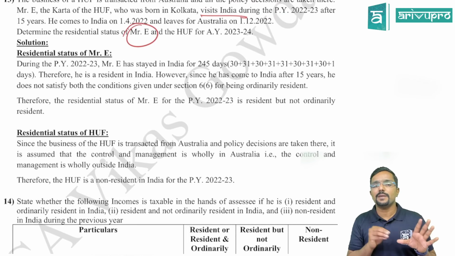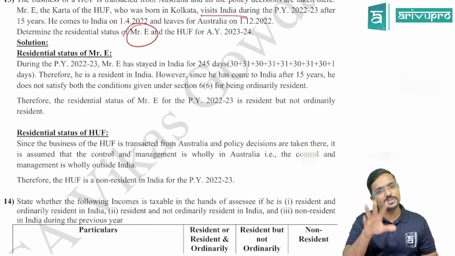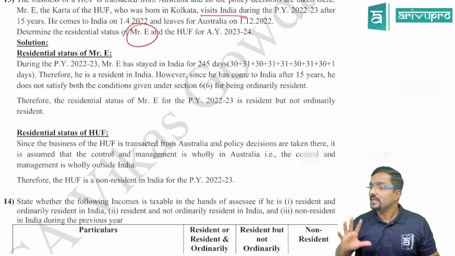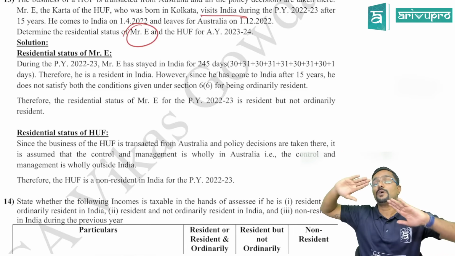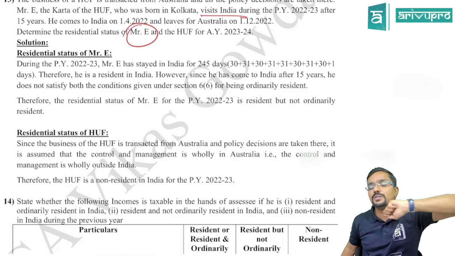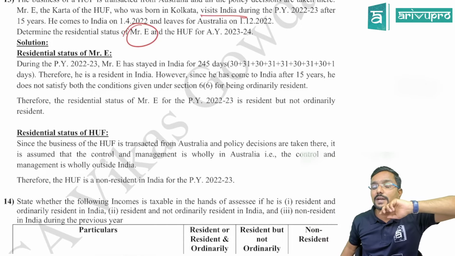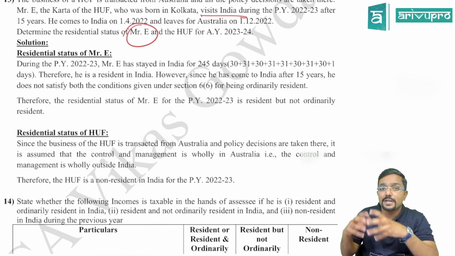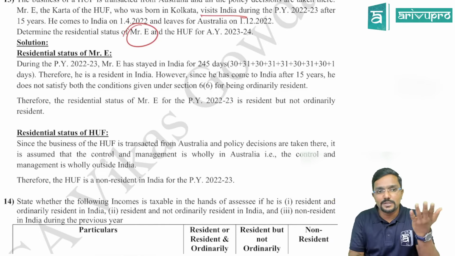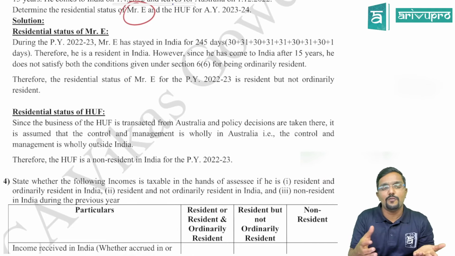If this type of question is asked for 3 marks, stick to the answer whatever I have given here. If it is asked for 5 or 6 marks, first you have to write the applicable provision. Clear? Sir, if the same question is asked for 3 marks, there is nothing wrong in writing the applicable provision. But for the required marks, whatever answer you are giving is more. Because you have to explain the answer, obviously.